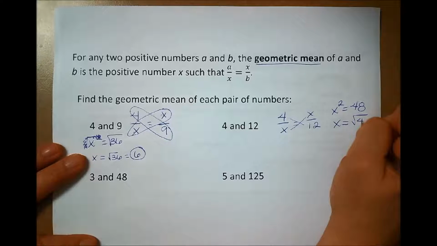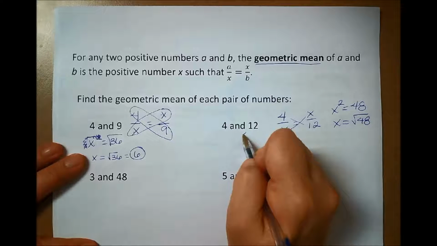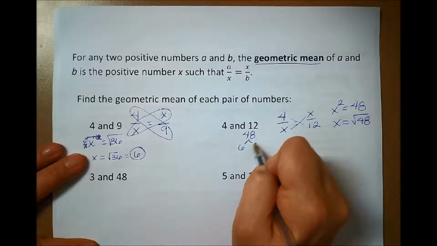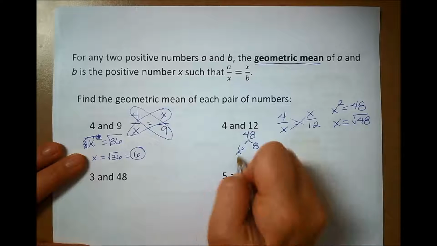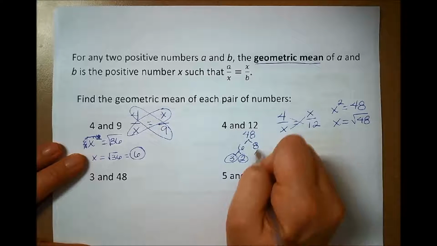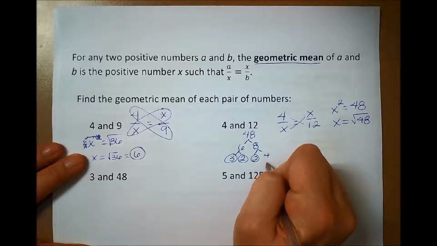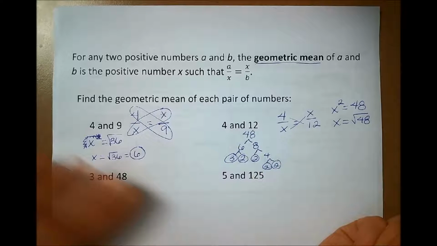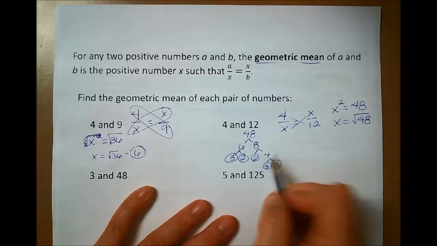We have to take that 48 and make a factor tree. We say 48 is 6 times 8. 6 is 3 times 2. Those are prime numbers. 8 is 2 times 4. And 4 is 2 times 2. So now we have a group of 2 that can break out of jail because they have a partner.